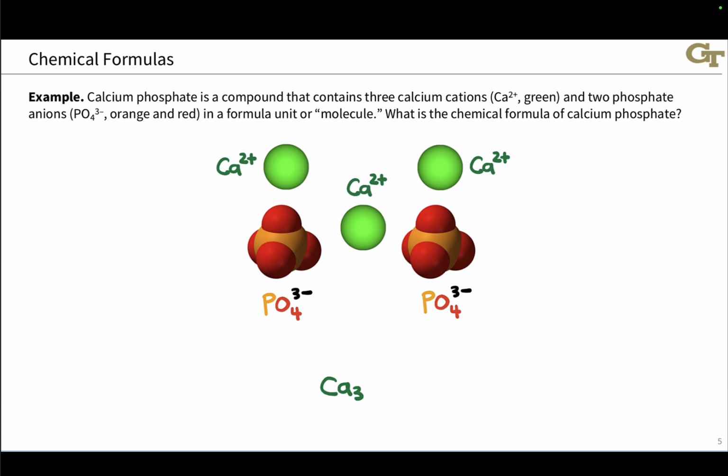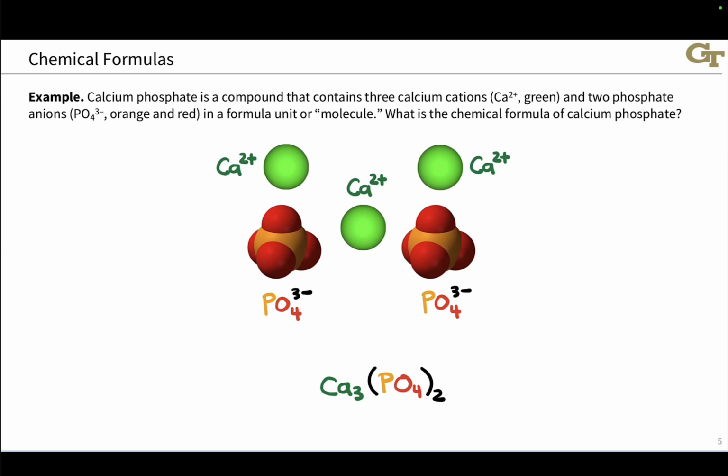The charge is omitted since overall, we'll see at the end of this process, we're going to have a neutral charge. The 2 PO4 3- ions are grouped together in parentheses, and because there are 2 of them, we use a subscript 2 after the closing parenthesis to indicate that there are 2 copies of the phosphate anion in here, again omitting the charge.